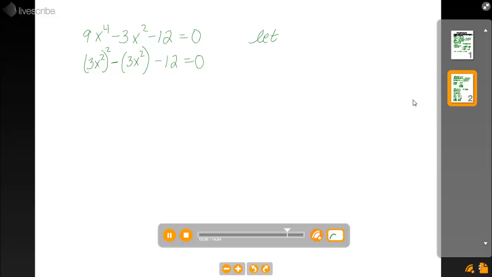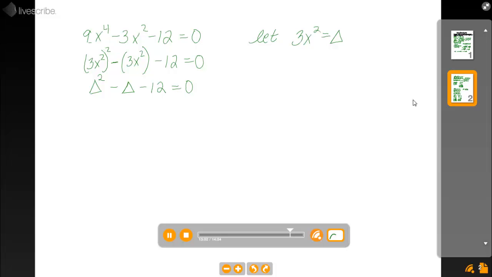So in other words, let's let 3x squared equal our triangle. Now can you see that this is really triangle squared minus triangle minus 12 equals 0. Same idea of chunking. And notice that the quantity 3x squared, squared, does equal 9x to the 4th.